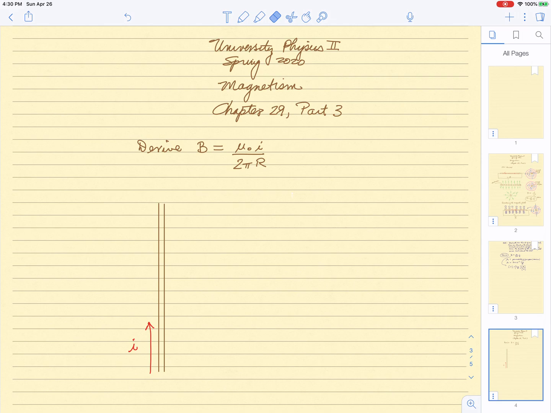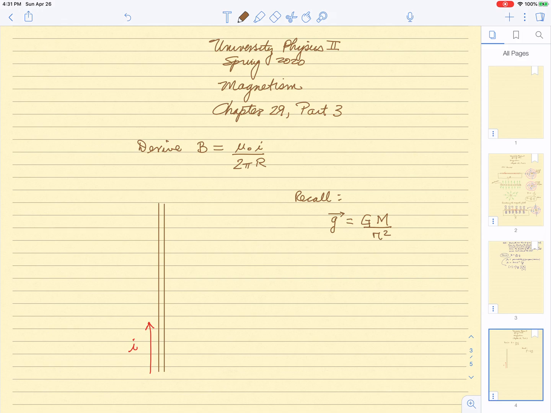So you will recall that the gravitational field strength is equal to capital G M over R squared, where M is the mass of the object in question, and R is the distance away from its center of mass.